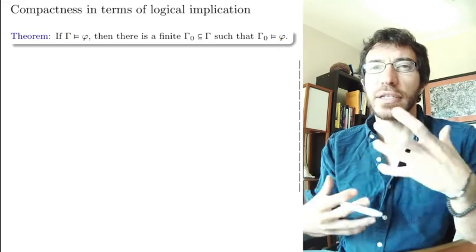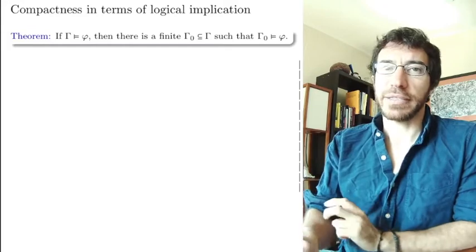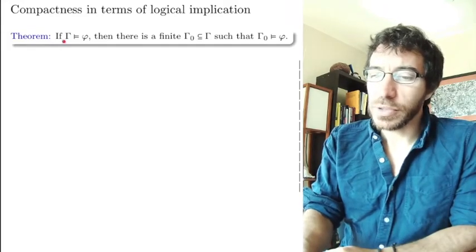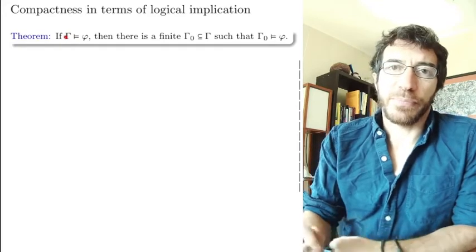So for logical implication, you don't need an infinite set of sentences. Finite sets are enough. And if you were using an infinite set, well, actually a finite subset would have been enough.